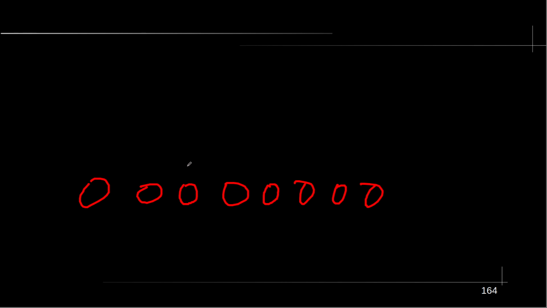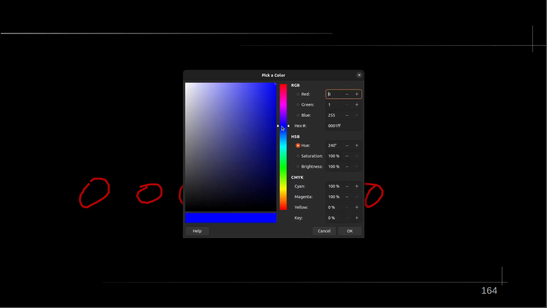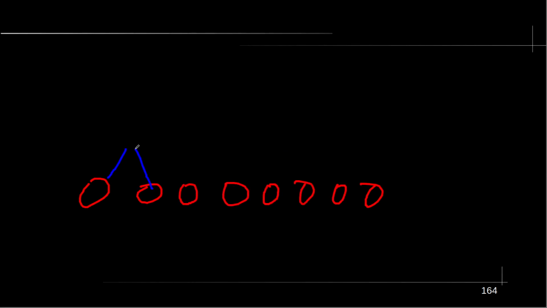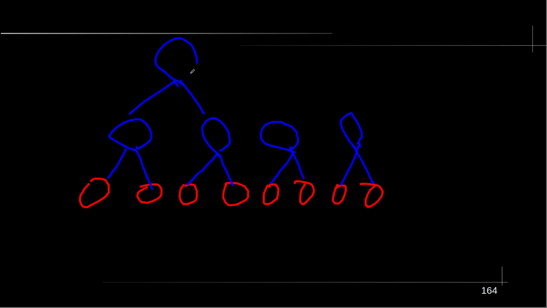So we're going to build the segment tree now. For these two, I put the result here. For these two, I put the result here. For these two, I put the result here. And same here. And now for these, and the whole range is here.